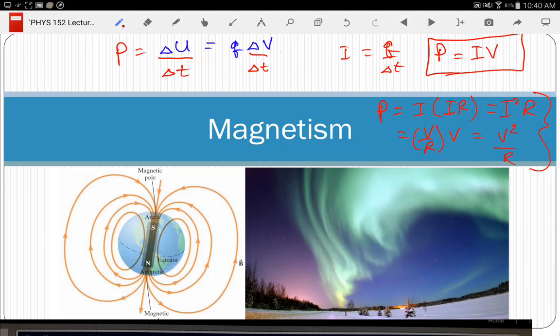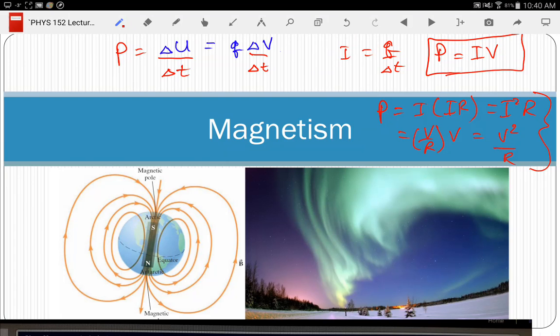The northern lights are caused by charged particles coming from the sun flying through the Earth's atmosphere. And the Earth's magnetic field redirects the motion of charged particles so that if you're close to the equator, they're not going to hit you. But if you're closer to the pole, the Earth's magnetic field will actually bring those charged particles into you and direct them at you.